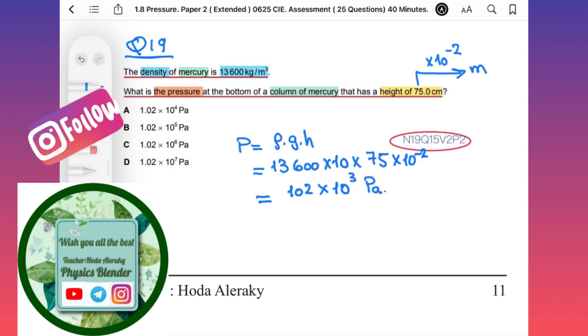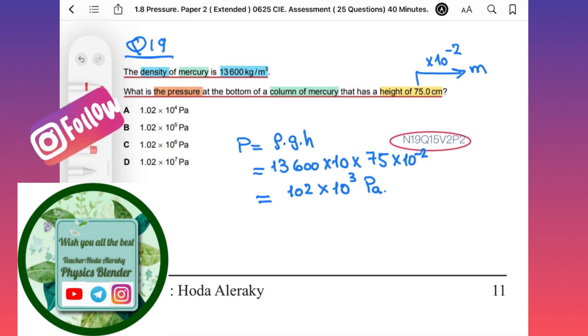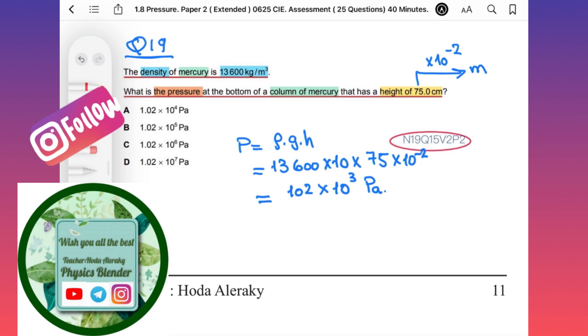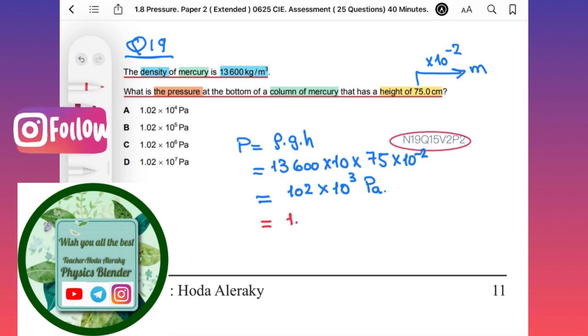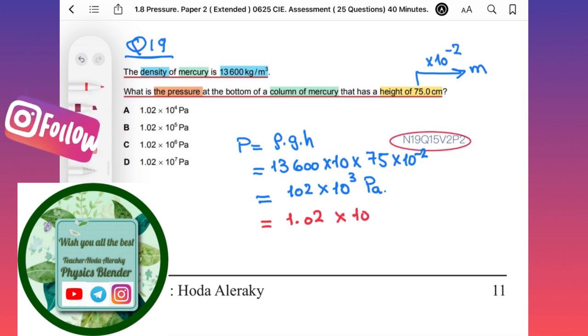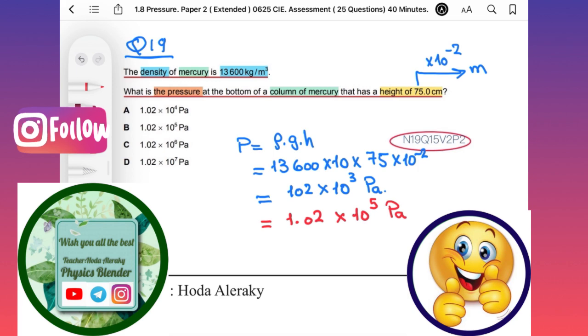But you will not find your final answer in the choices. So back to your mathematical skills. You have to understand and use scientific notation. Written in scientific notation, it will be 1.02 times 10 to the power of 5 Pascal. So the correct answer for this one is B.